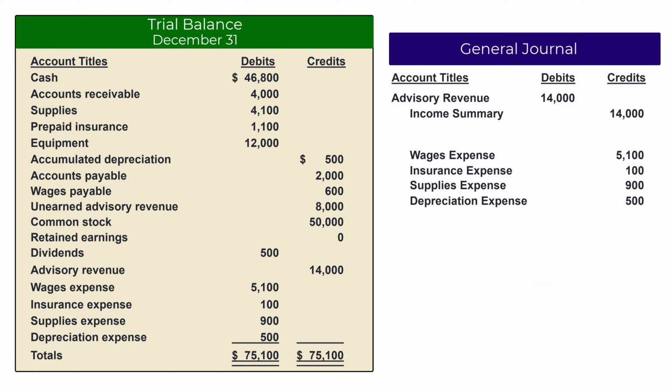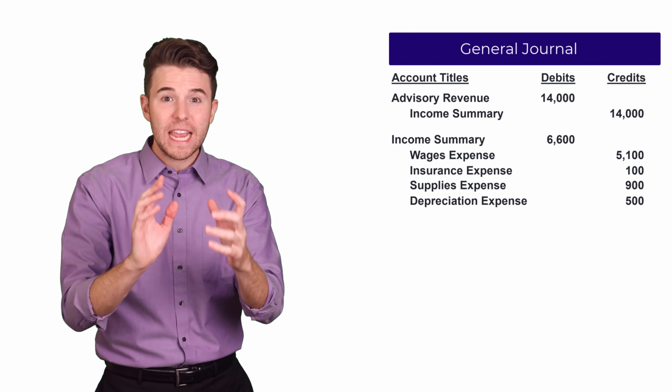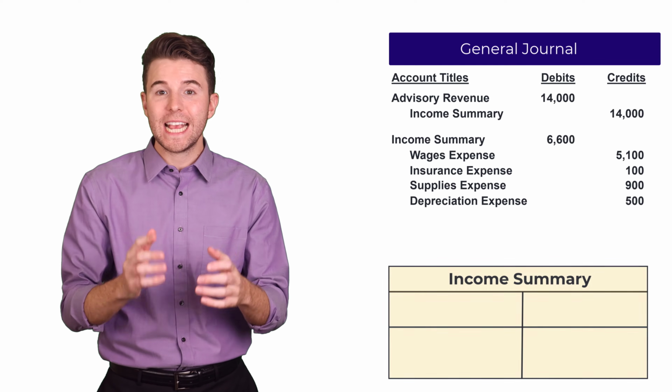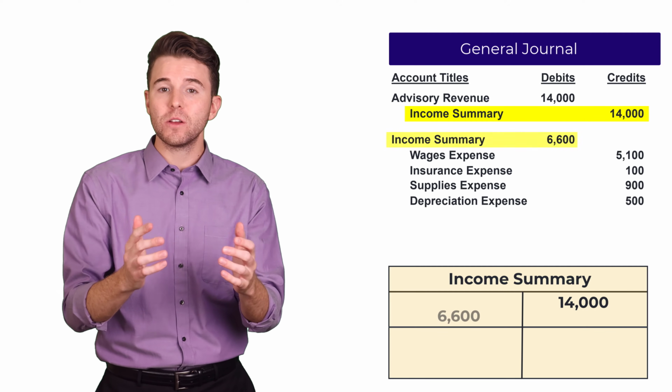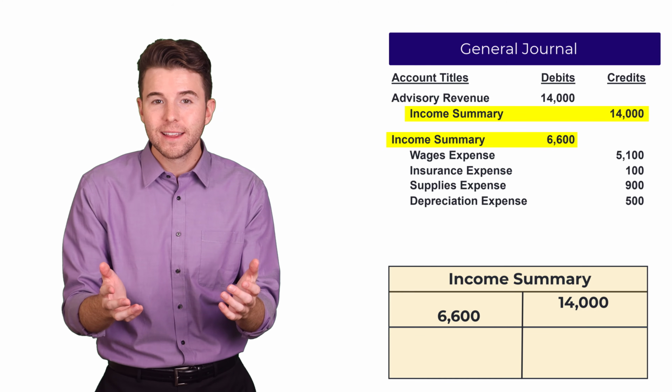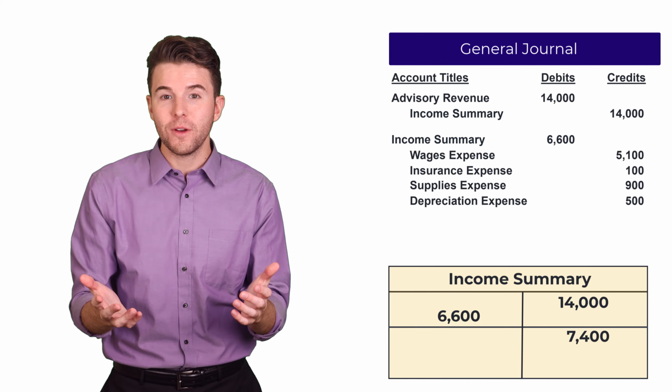Now on the debit side of this entry, we debit income summary for $6,600, which is the total of all of our expenses. After this, the income summary T account contains a $14,000 credit and now a $6,600 debit. The difference between these two numbers is $7,400.